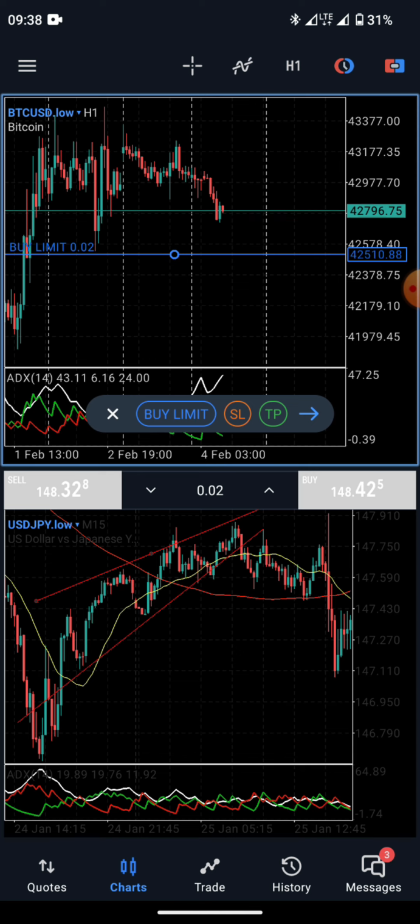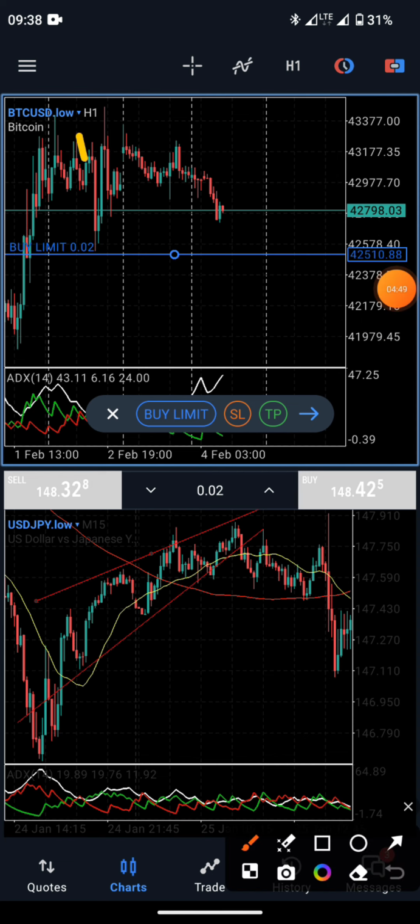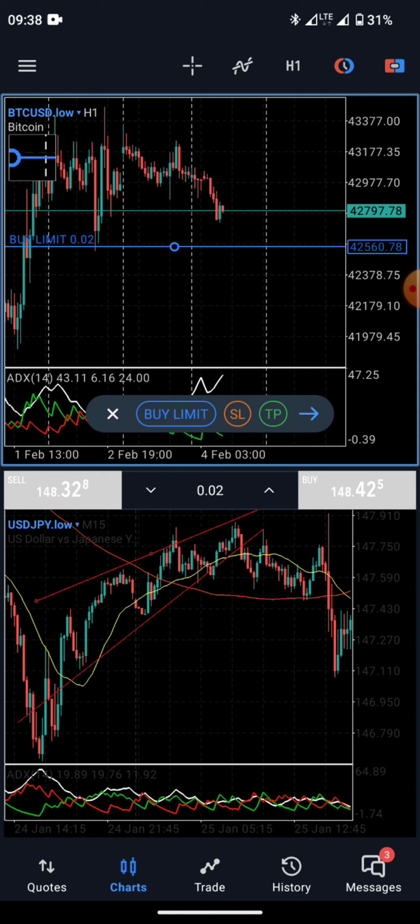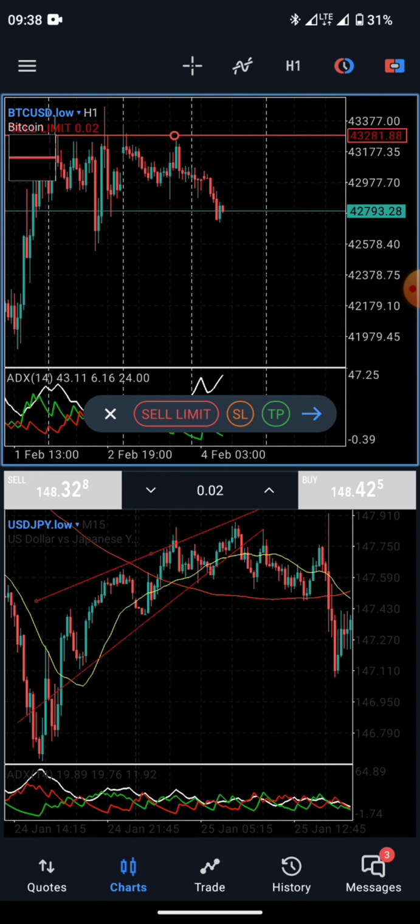There is no clear trend. So like currently on this Bitcoin chart that you can see here, you can see that the market is actually not trending. It's just coming down, going up, coming down, going up, right? So buy limit orders are very, very useful here because all you have to do is put your prices either below the price or you put them above the price.